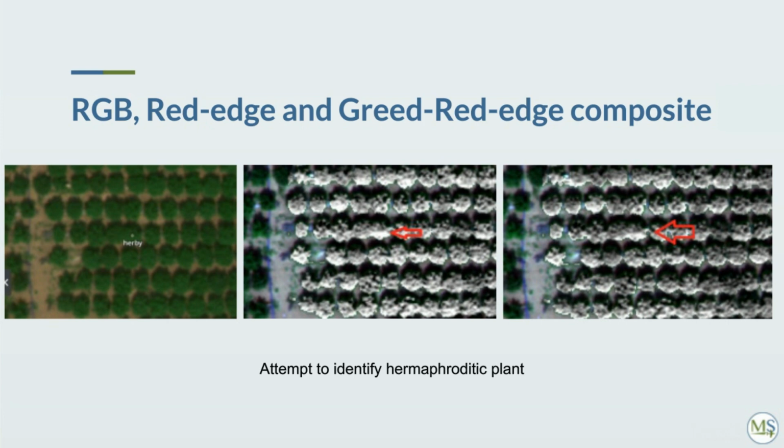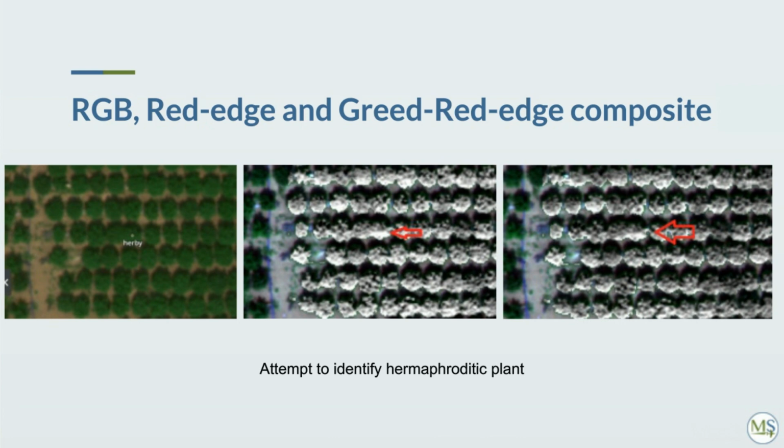And what our remote sensing scientist did was he looked at all the different layers, the 5 layers in the red edge camera, and he identified that in green and in red edge, that plant was showing the biggest difference from a very bushy, healthy looking plant in the field to that hermaphroditic plant.